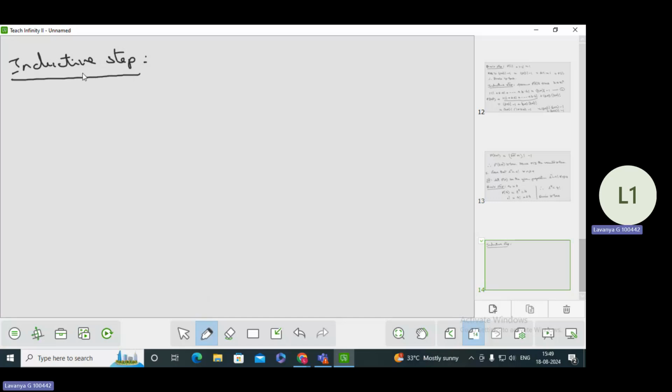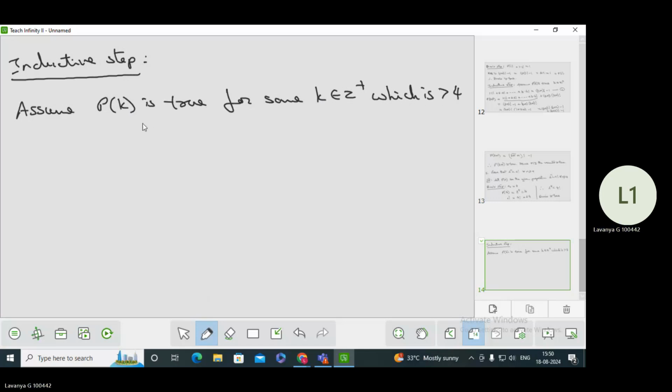What is to be done in this inductive step? We have to assume P of k is true for some k in Z plus, which is greater than 4, and we need to prove P of k plus 1 is true.